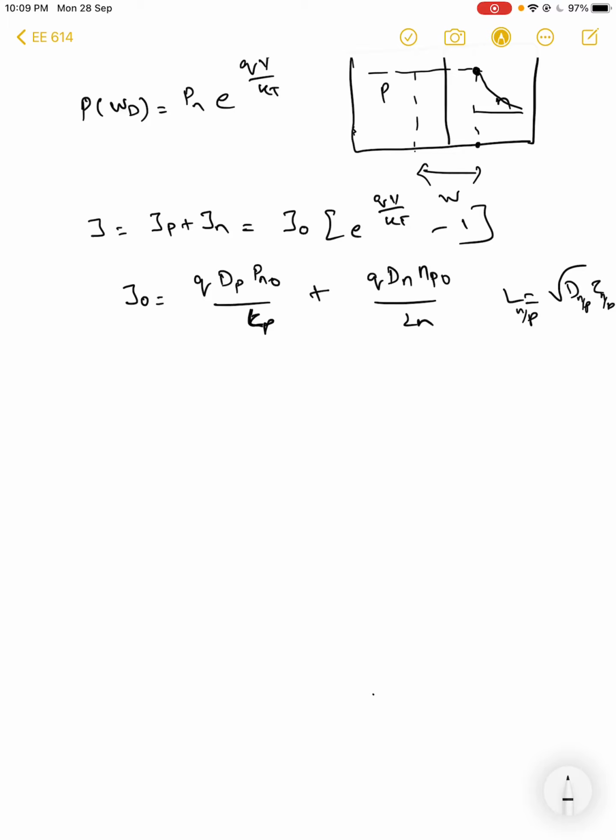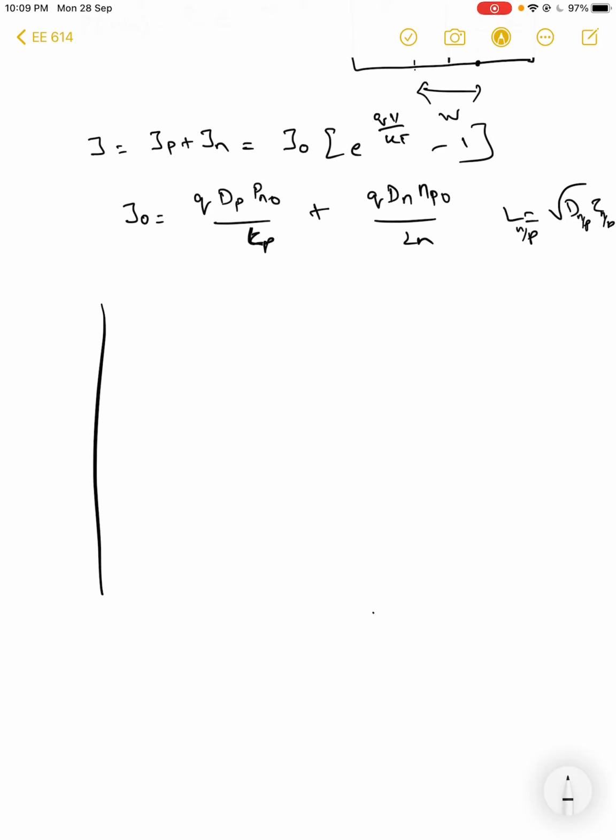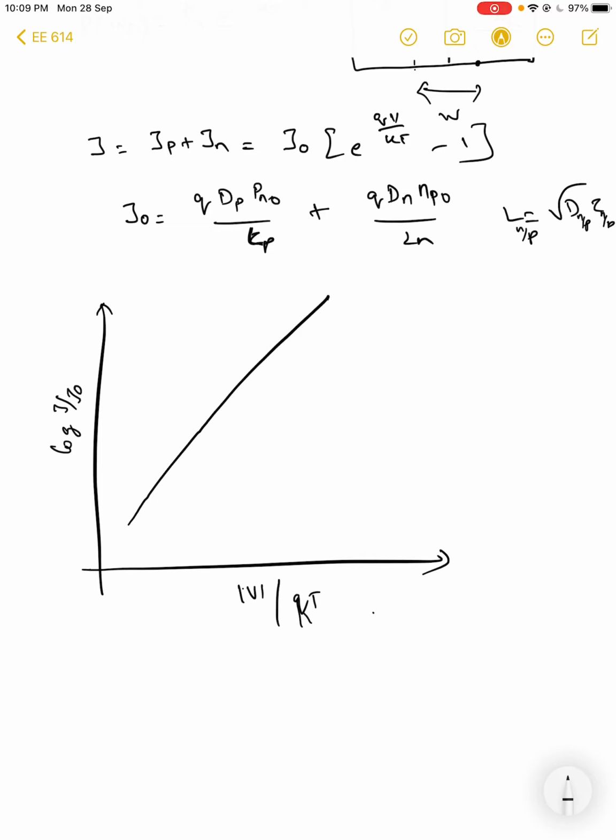So now let me plot the ideal results from the ideal diode equation. For ease, I will have the absolute value of voltage by kT, and I am going to represent current on a logarithmic scale. So in forward bias, log of J by J naught is going to be a straight line after a certain small initial threshold.